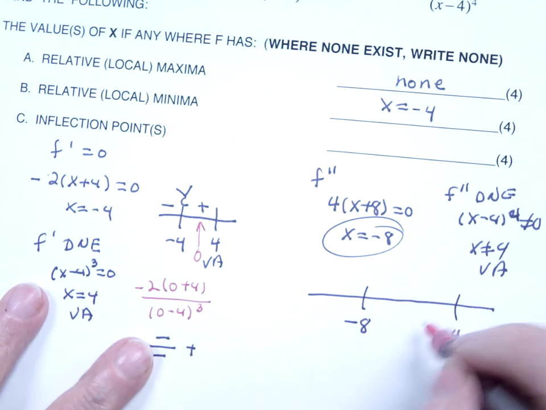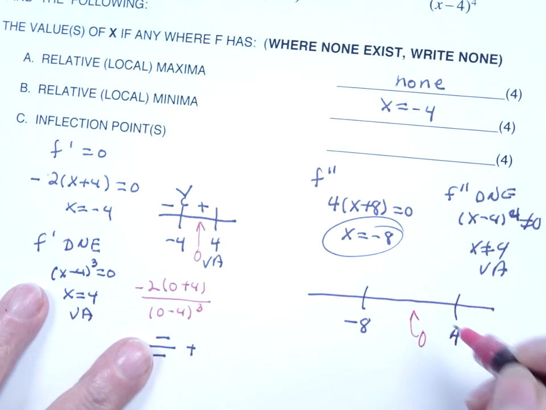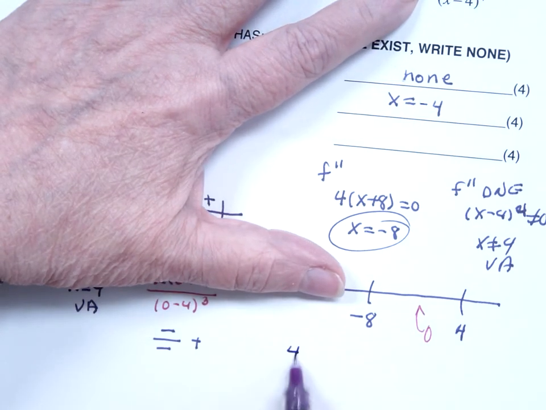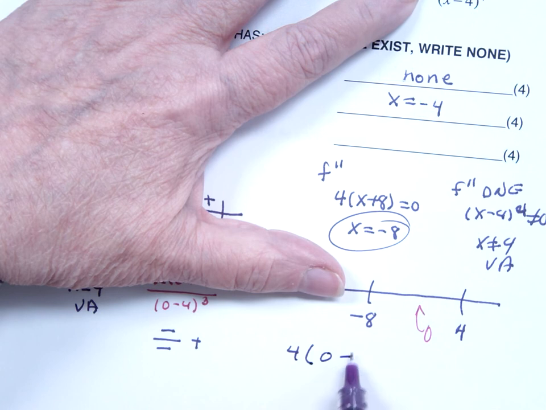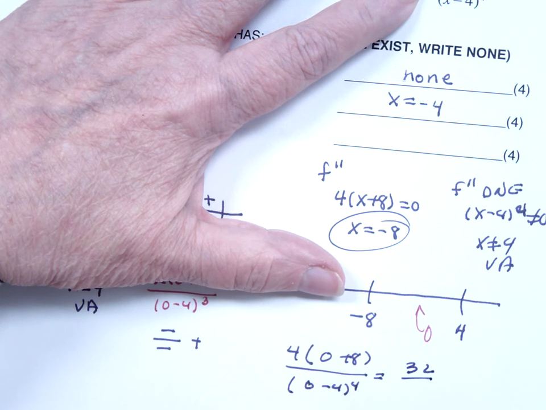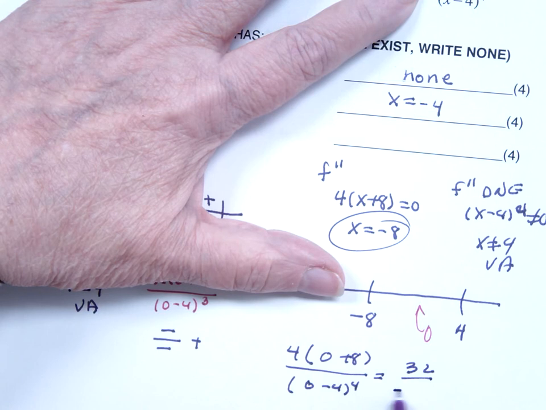So if you pull 0, you will find you would have 4 times 0 plus 8 over (0 - 4) to the 4th. This is 32 over (-4) to the 4th, which is positive something.